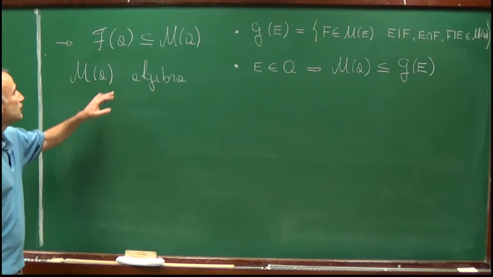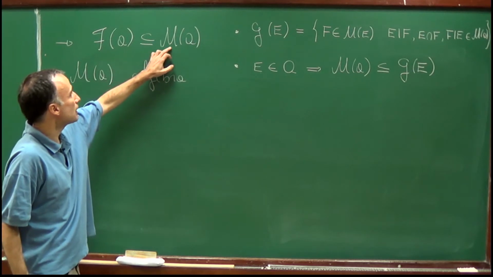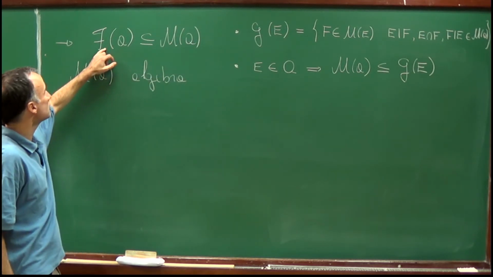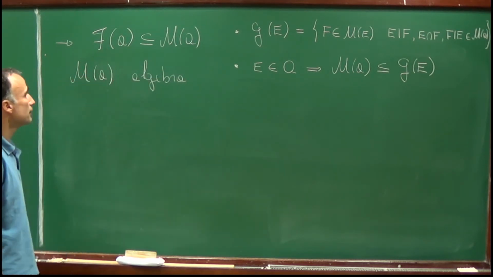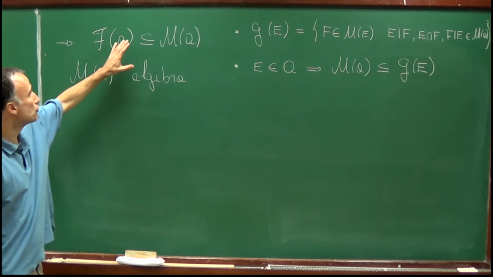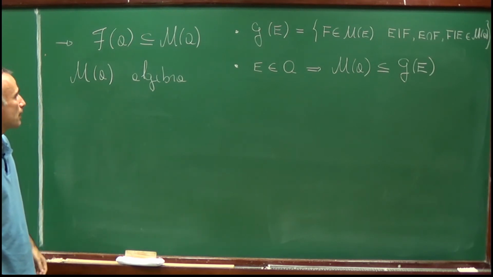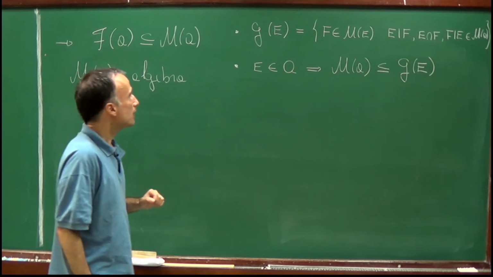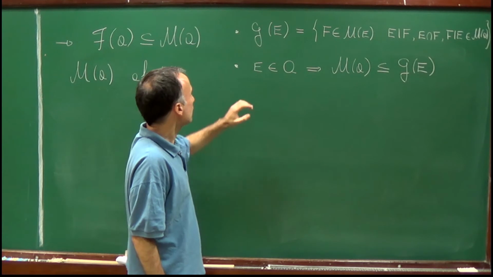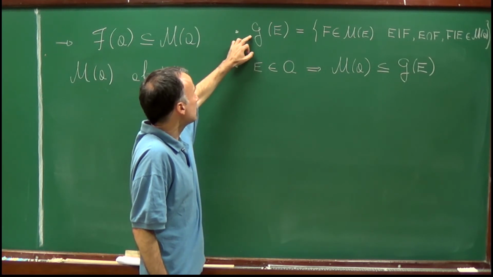So we are proving that the monotone class generated by the algebra contains the sigma-algebra generated by the algebra. And to prove that, we are first showing that M of A is an algebra. Well, what did we do up to now? We introduced these sets.